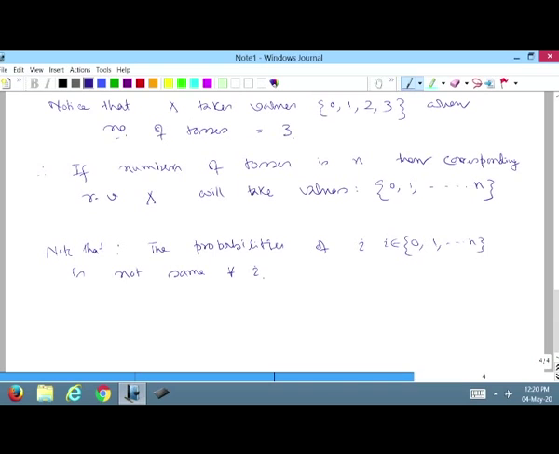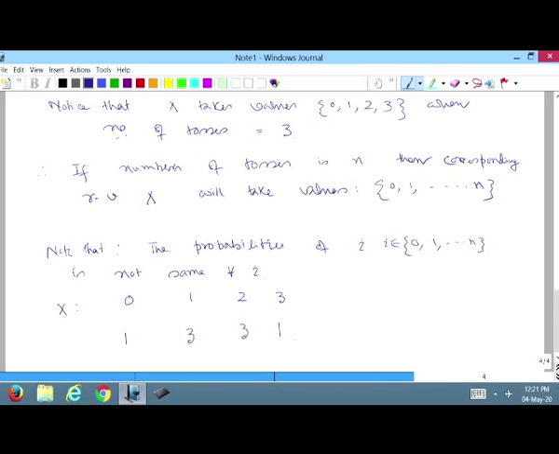As you can understand, with respect to X, when it is taking values 0, 1, 2, 3, then number of cases for 0 is 1, number of cases for 1 is equal to 3, number of cases for X equal to 2 is 3, and number of cases for 3 is equal to 1.